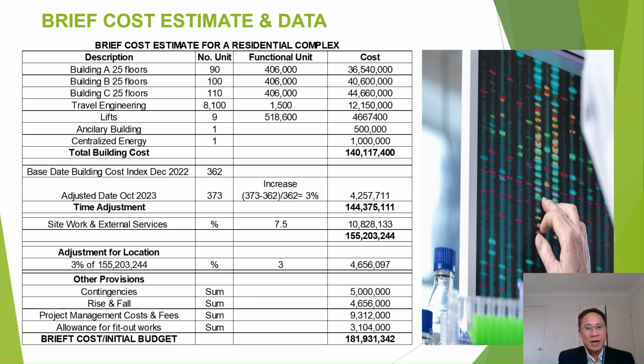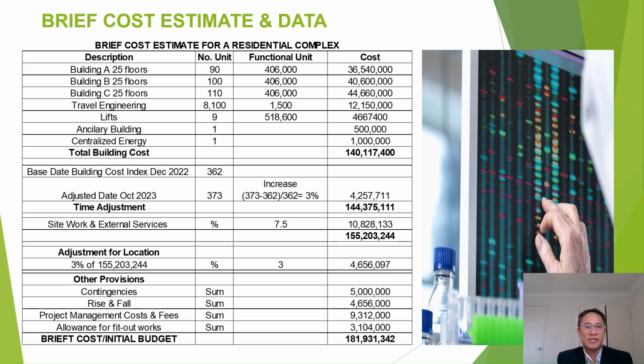To do that, we have to have the functional unit cost, or functional area and functional cost per square meter, that we can refer from our benchmark data or historical cost data.